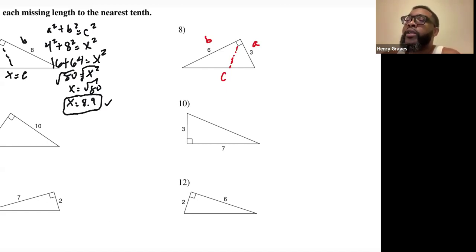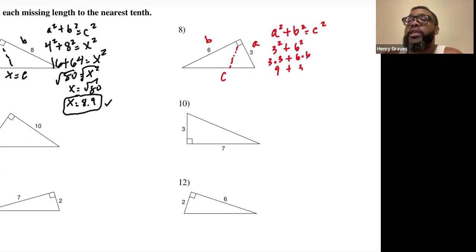Plug in all my stuff, right? 3 squared is the same thing as 3 times 3, which is 9. B squared is 6 squared, which is the same as 6 times 6, which is 36.